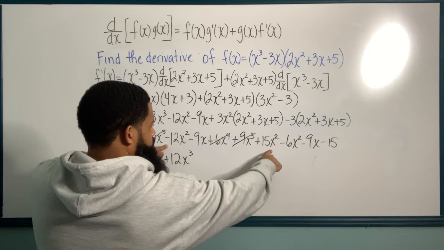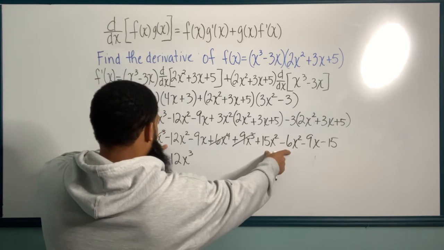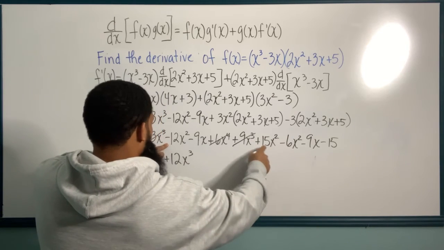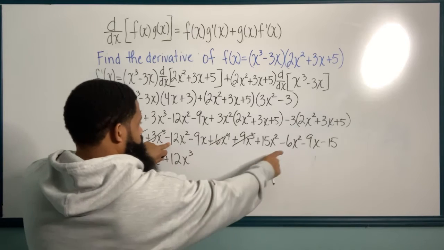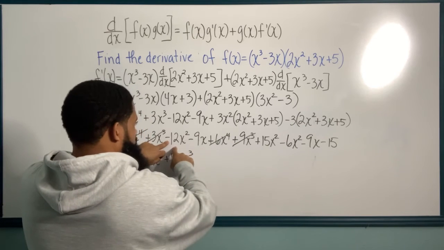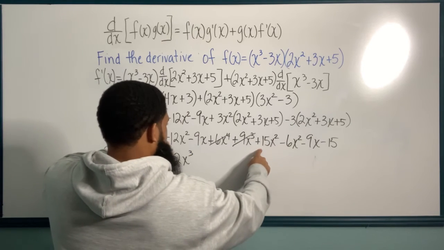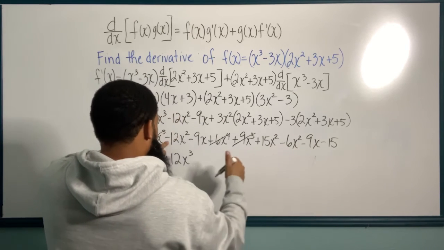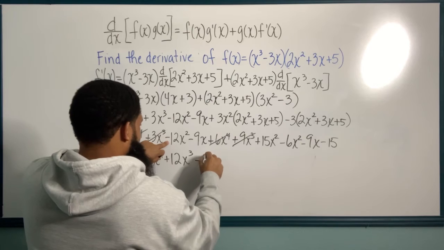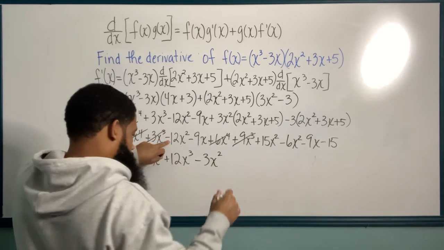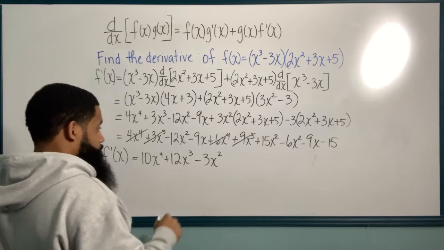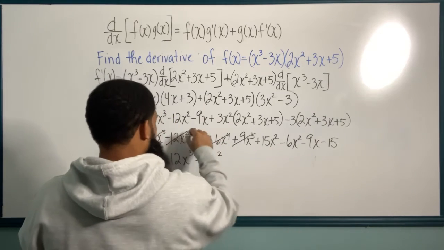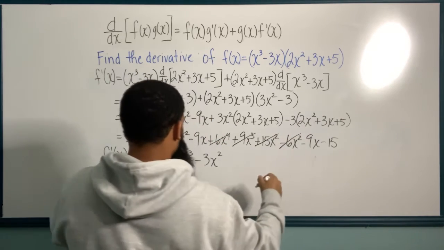So we've got, let's do this. We got two negatives. Negative 12 plus 15 is positive 3. 3 minus 6 is negative 3. So it should be minus 3x squared. That is correct.